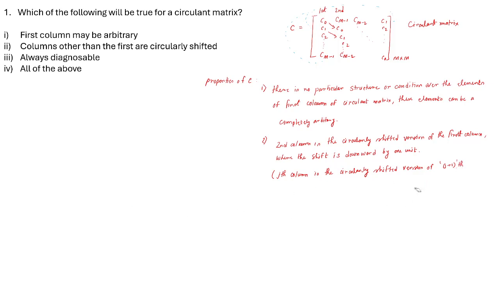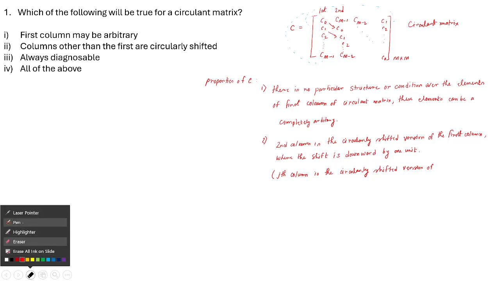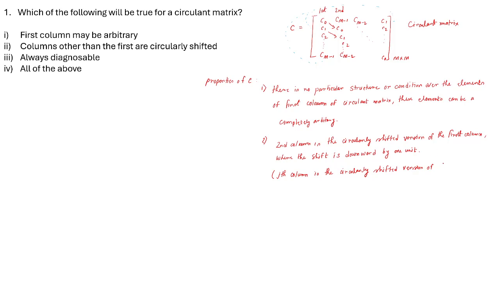Sorry, I should have said j minus 1, it's the preceding column. And this holds for all j, varying from 1 up to m, or you can consider 0 up to m minus 1. It's a matter of index only.